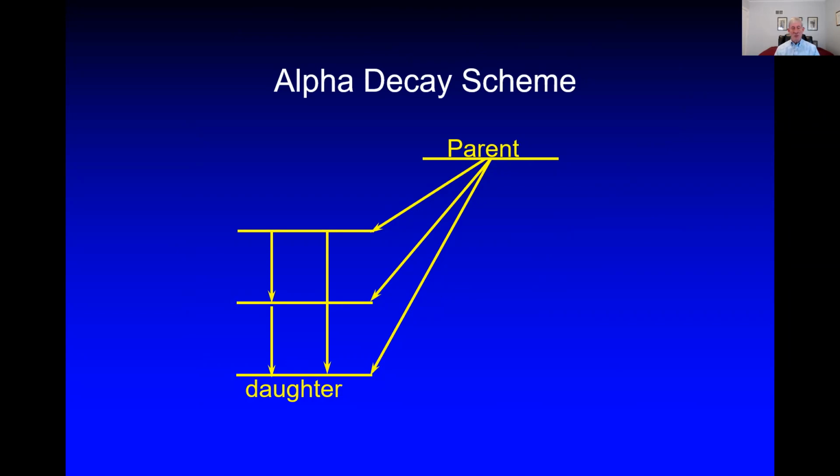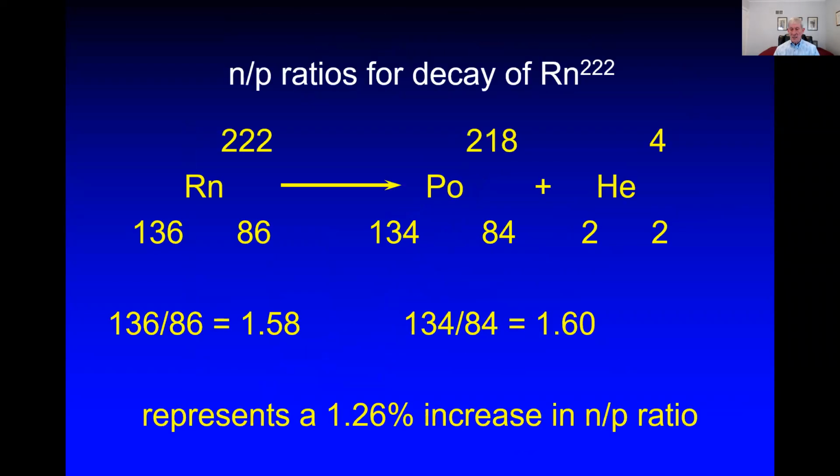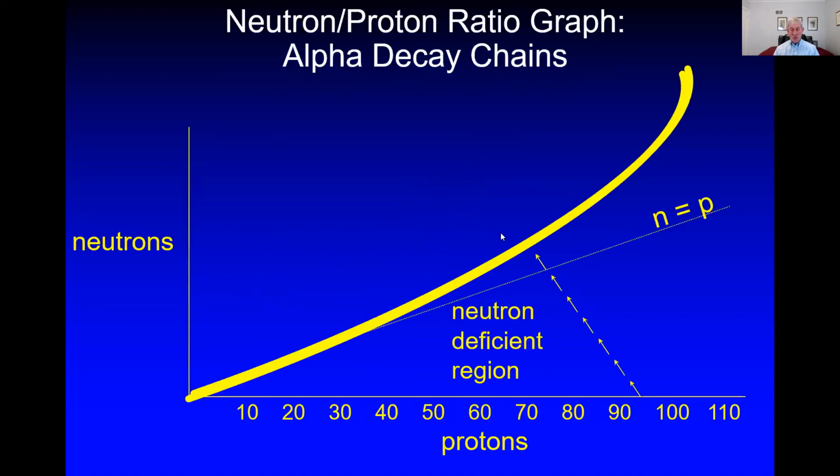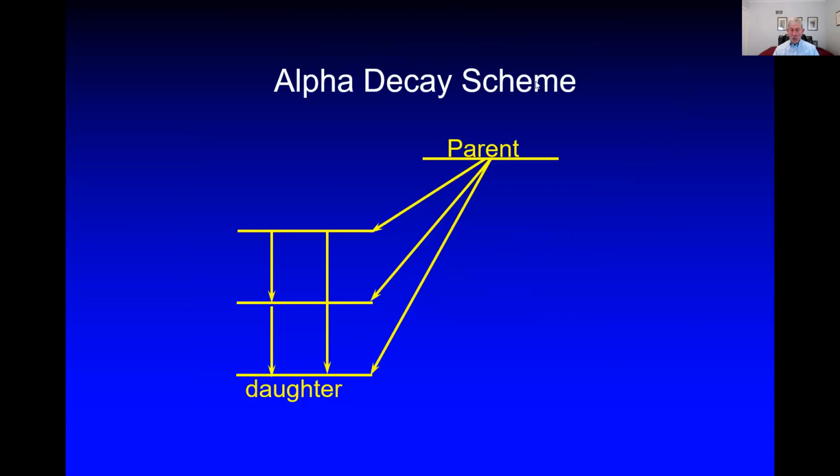If the Z number of the daughter went down, as it did here, from 86 to 84, the arrow goes to the left. And so all of these arrows are down to the left. They're all alpha decays. This is simply 3 different pathways of going from the parent to the daughter.